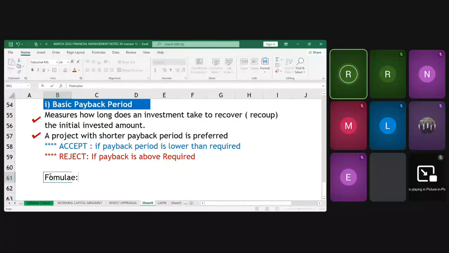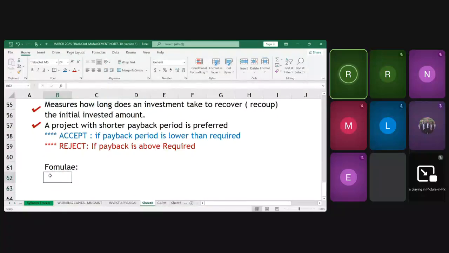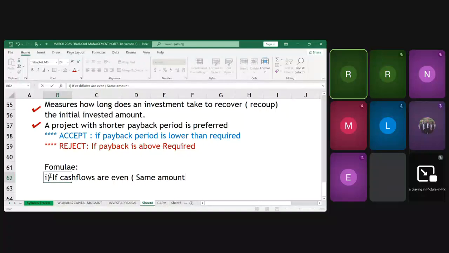So for our formula for payback period, number one, we have a situation whereby we are receiving equal amounts from an investment. Those are what we call even cash flows. If cash flows are even, what does that mean? It means the same amount every year, from year one up to the end of the project.